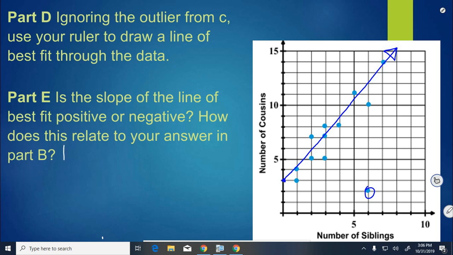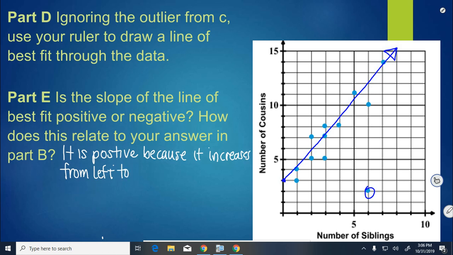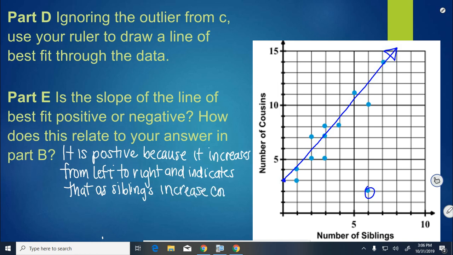So we're going to say it is positive because it increases from left to right and indicates that as siblings increase, cousins increase as well.